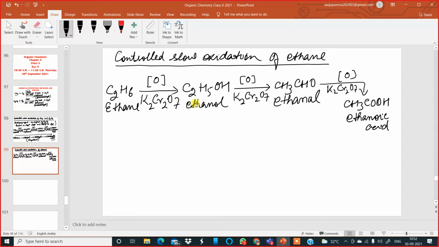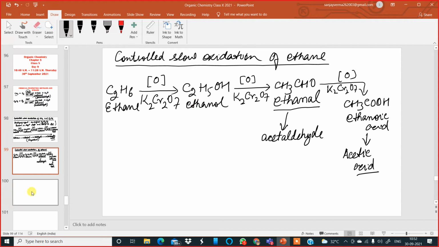Now, the common name of ethanol I've told you, it is called acid aldehyde, and the common name of ethanoic acid is acetic acid. Okay, so these are the controlled slow oxidation of methane and ethane. So this you must remember.